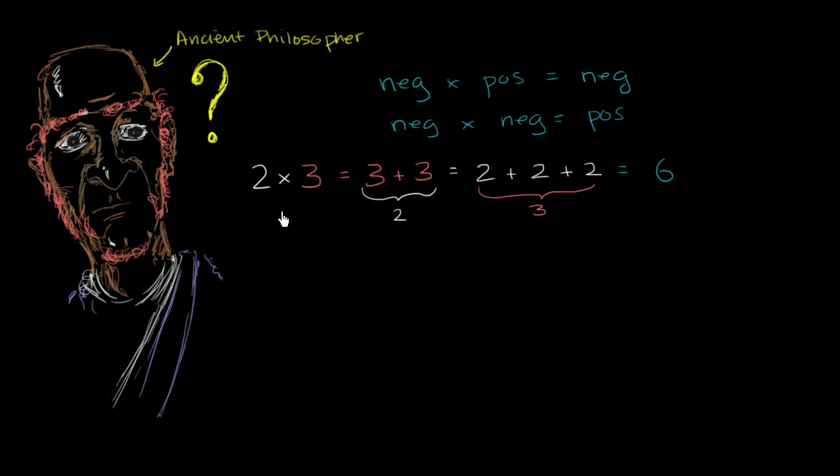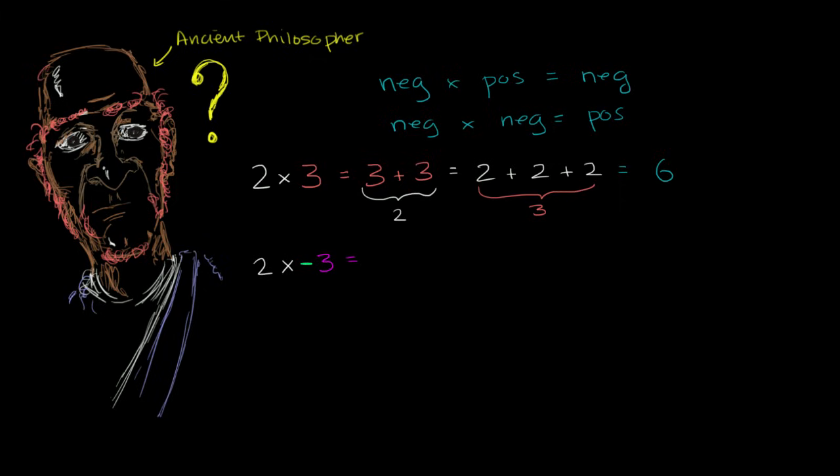Now let's try to make one of these negatives and see what happens. Let's do 2 times negative 3. And I'm going to make the negative in a different color. Well, one way you could view this is just the same analogy here. It's negative 3 twice.